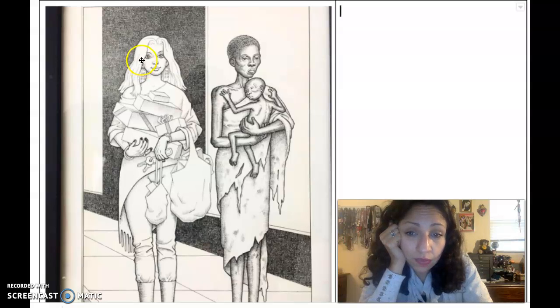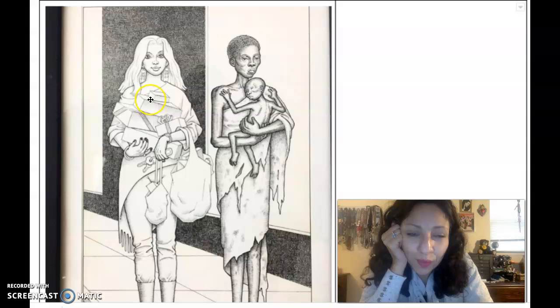Her hair looks blonde. She looks actually plump in comparison, not plump, normal, right? But like healthy, where the woman on the right looks a little thin, the baby looks thin.